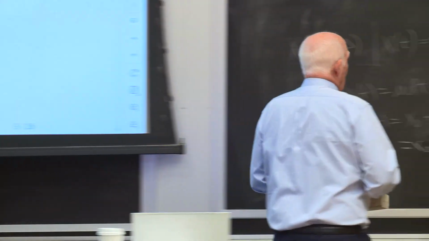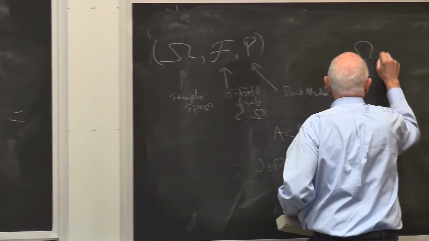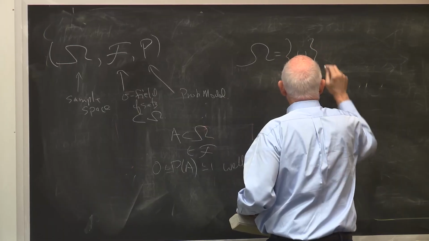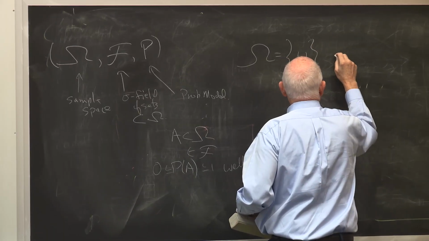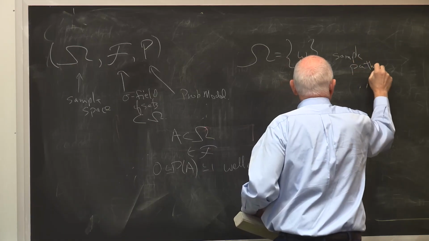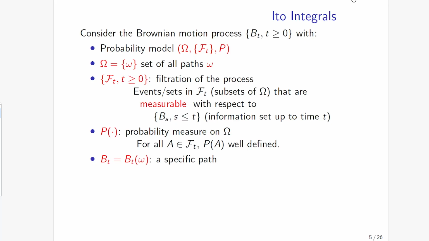Well, with the omega set here, these are a collection of little omegas which are possible sample paths of this Brownian motion. And we can think of, okay, here's one path, one possible path.